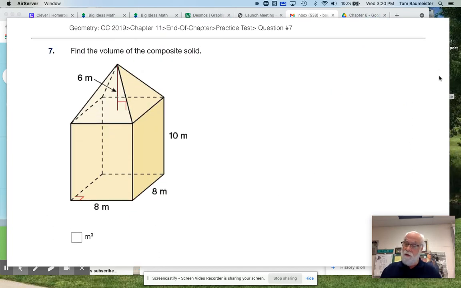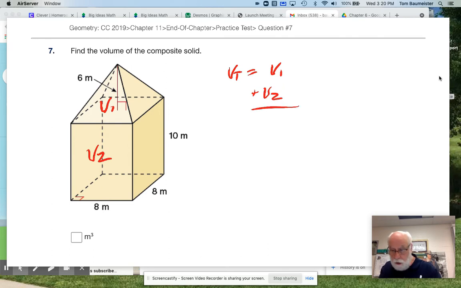Number 7, find the volume of the composite solid. So remember, I told you I like to call these different ones. I like to call this one V1. I like to call the other one V2. All right. And remember, the total, so V total, is equal to V1 plus V2.